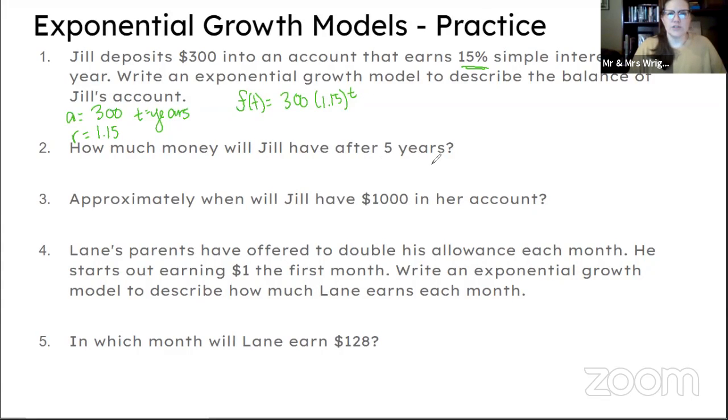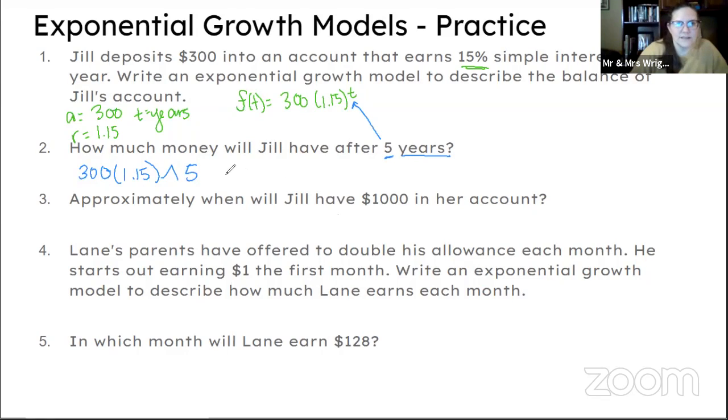How much money will Jill have after 5 years? I'm going to put it into my calculator, 300 times 1.15, and then I'm going to use my caret and insert 5. It's years, so I can just stick it into the t location. So 300, open parentheses, 1.15, close parentheses, caret 5, enter.